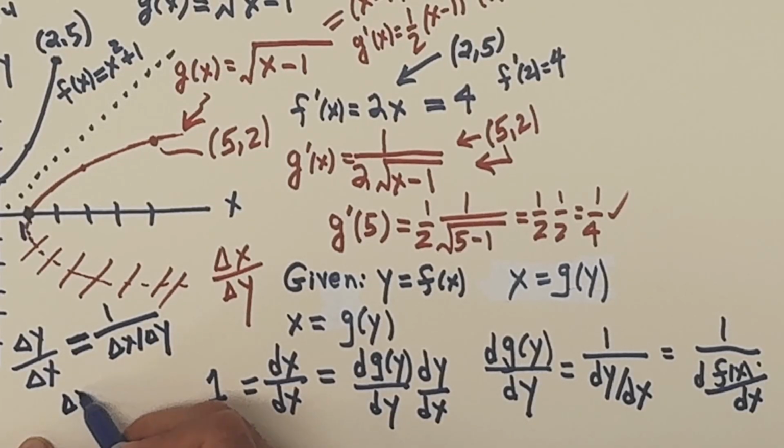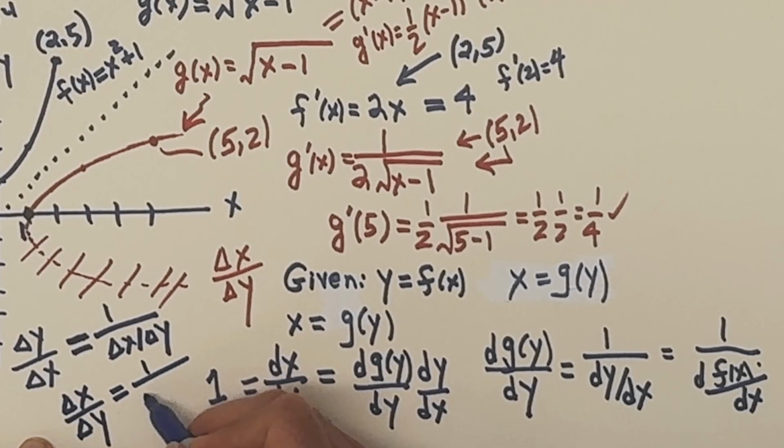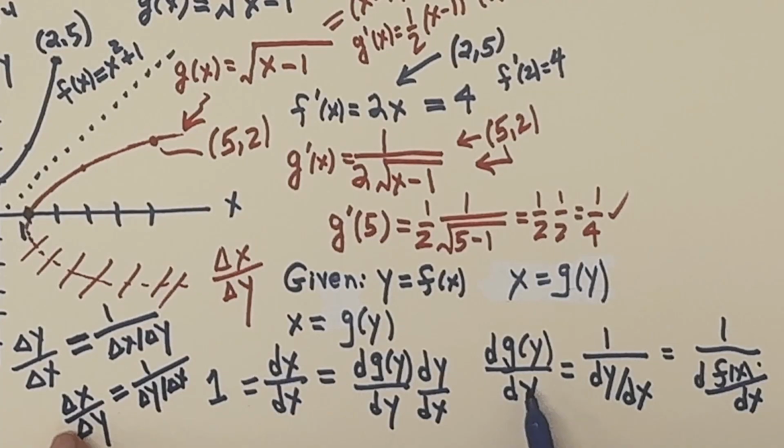We could have dx over dy is 1 over dy dx. You basically flip it. That's what this is saying, because the delta x, when you take the limit, is the d of the g, the inverse function, with respect to y. And this is then 1 over the derivative of f, the original, the y with respect to x. So we have this nice result that's going to help us take derivatives of inverse functions.